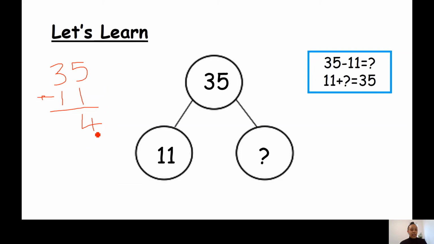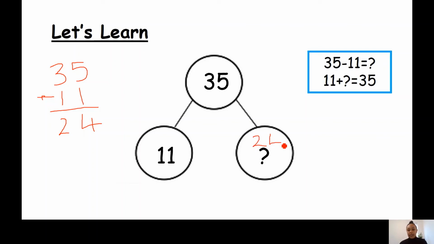And this 3 here represents 30, and this one represents 10. So 30 take away 10 is 20. Or if we're not sure about that, we can do 3 take away 1, but we must remember that this is a 10. So we wouldn't call it 2 and a 4, we would call it 24. So that suggests to me that this might be 24.